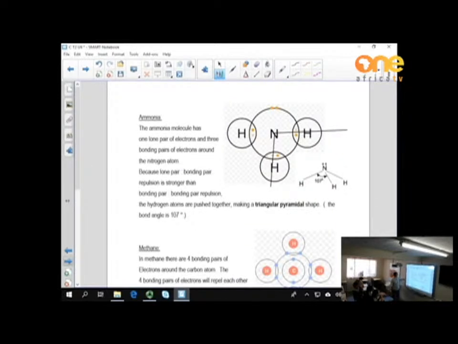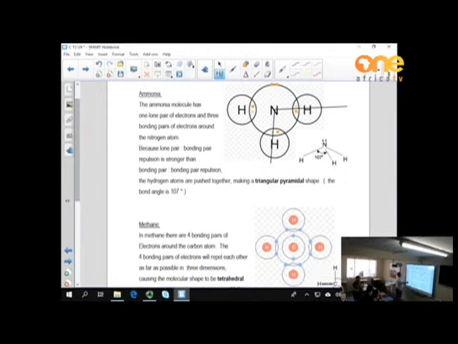The next molecule that we have to have a look at is the ammonia molecule. Remember, it's NH3. So in the ammonia molecule, we have got 3 bonding pairs that repel each other fairly weakly. So the repulsion over here and over there is not very strong, and remember, it's 3-dimensional.